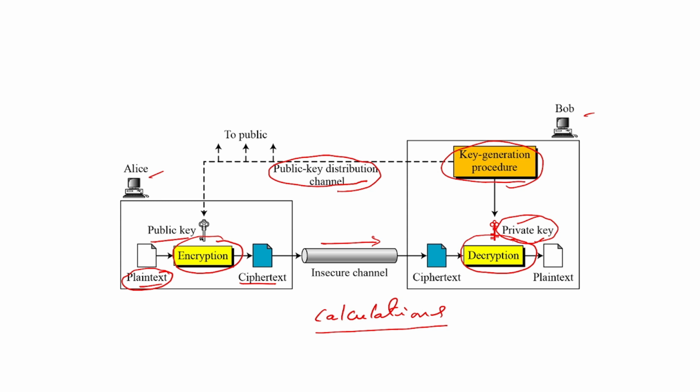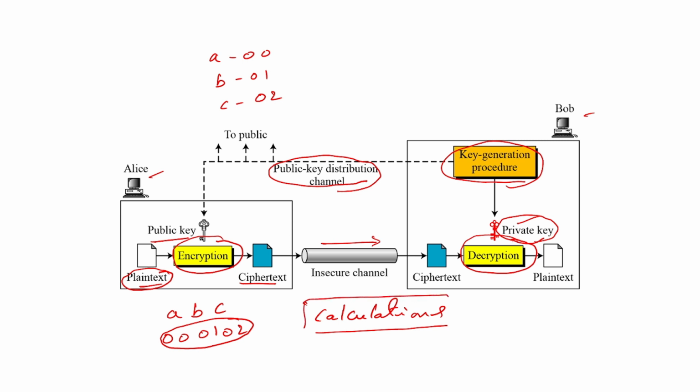Suppose, for example, A, B, C: A is 00, B is 01, C is 02. Then the plain text will be converted to the values 00, 01, 02, and the encryption operation will be performed on these values only, and decryption is the same calculations. So encryption and decryption are done in the form of calculations.